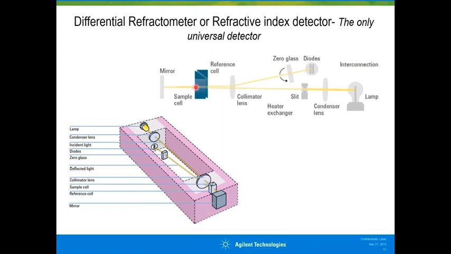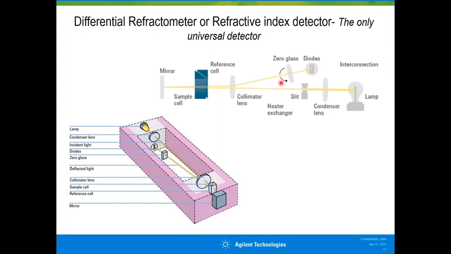It would be reflected back through the sample and reference cells, and via a zero glass, which basically affects the path of the light beam, it will fall on the diode or the light receiver. The light receiver has two diodes, each of which will produce an electrical current proportional to the amount of light that falls upon it.